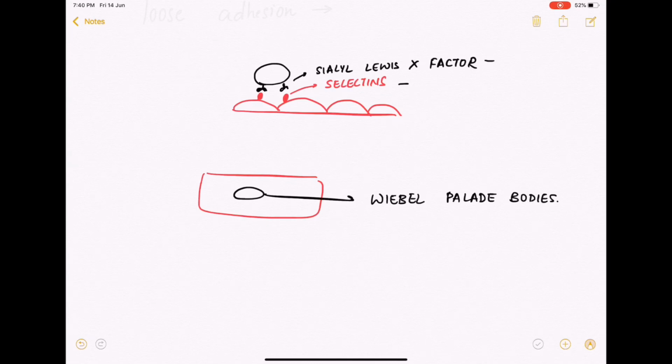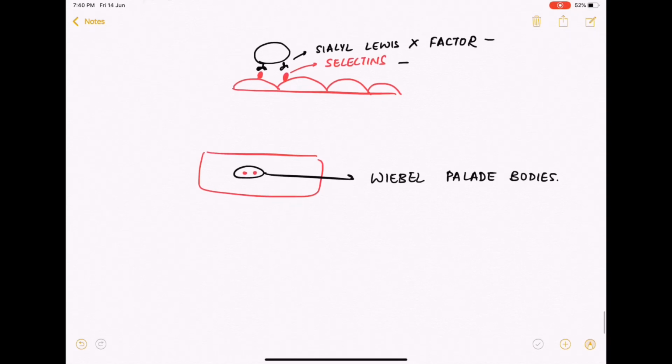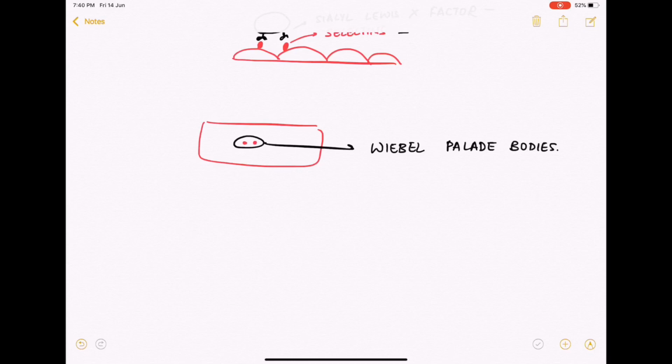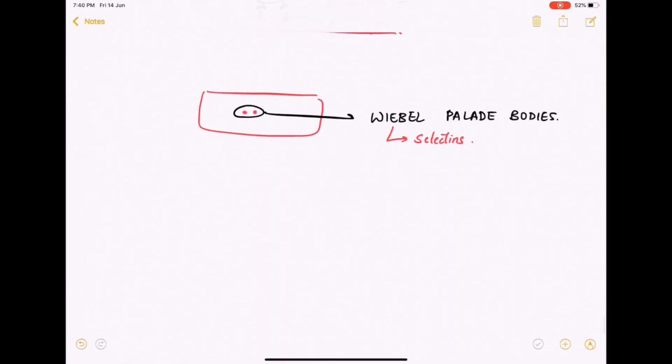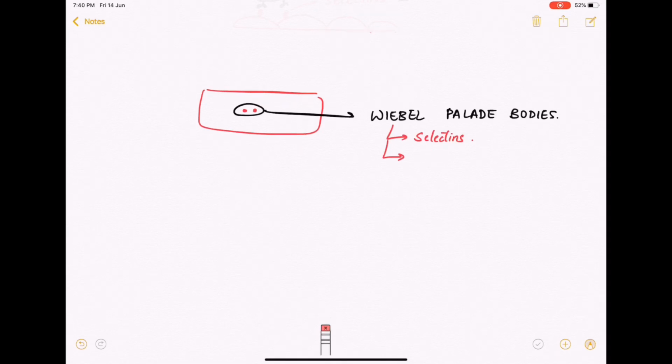And these Weibel-Palade bodies contain the selectins in their low energy form, that is, in inactive form, and they also contain von Willebrand factor.